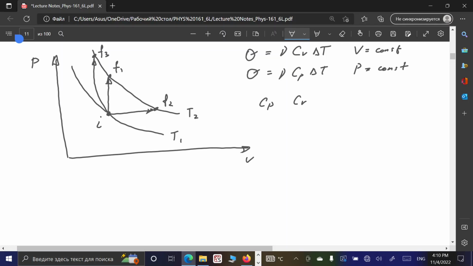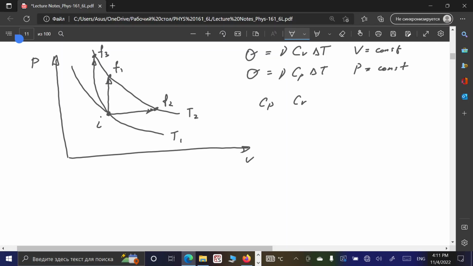Wait, but CV stands for specific molar heat capacitance at constant volume. So the pressure is changing and it's easier to heat to change the energy. More energy is needed to heat the substance that raises its temperature by 1. For which process?